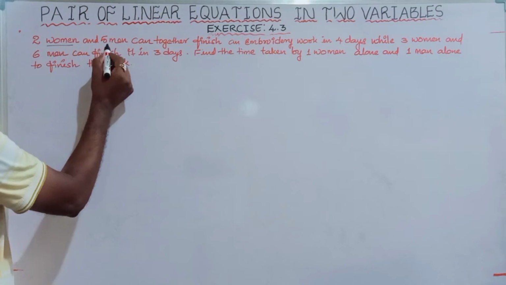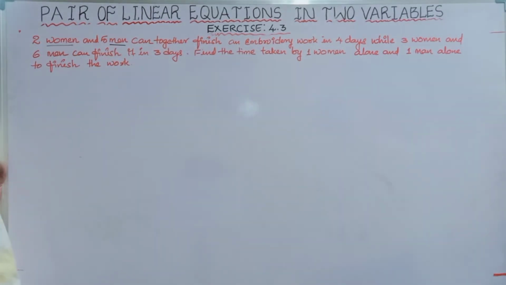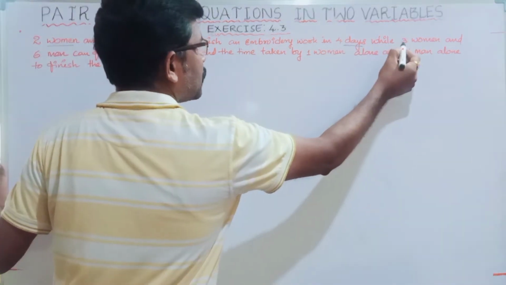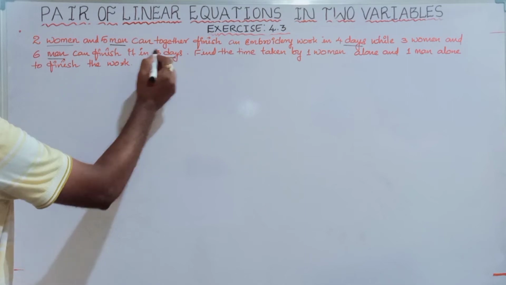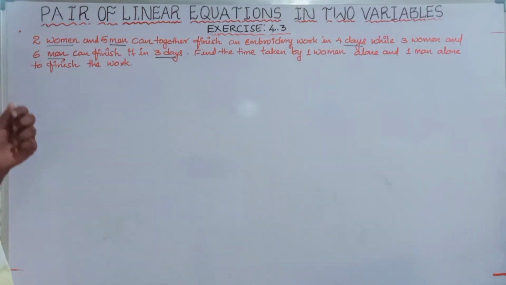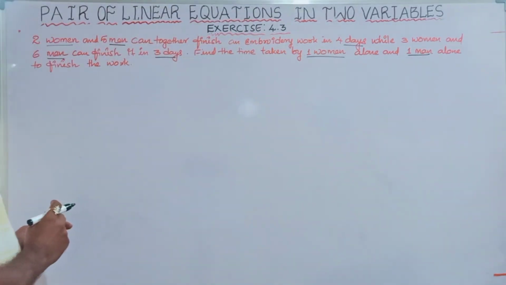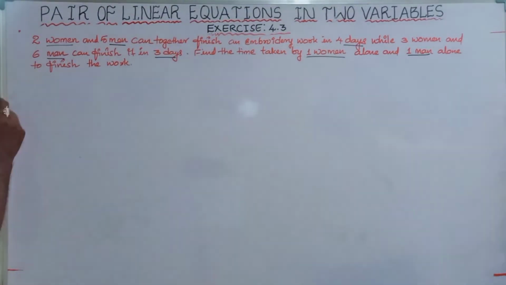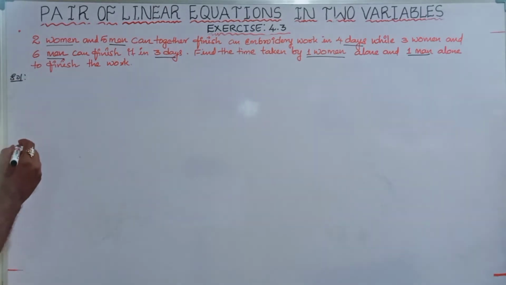2 women and 5 men can together finish an embroidery work in 4 days. 3 women and 6 men can finish it in 3 days. Find the time taken by 1 woman alone and 1 man alone to finish the work. Let's start the solution.